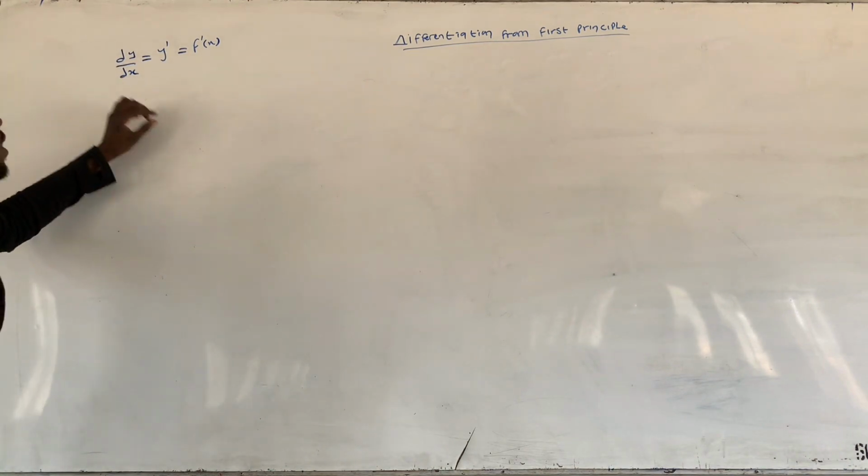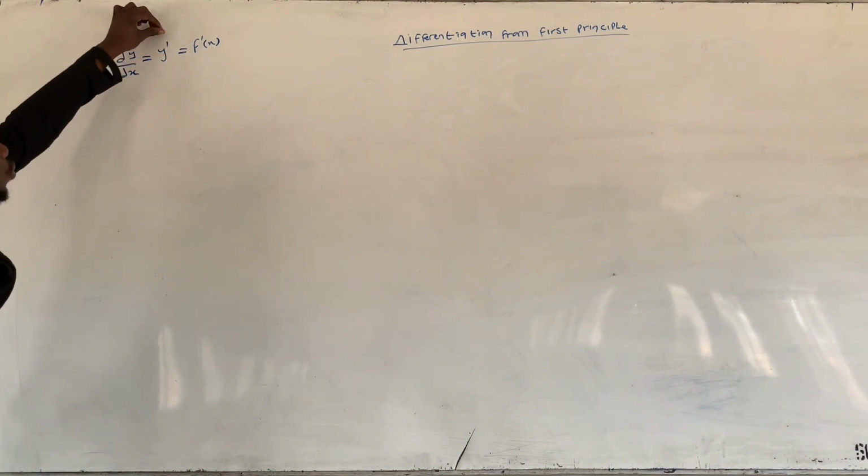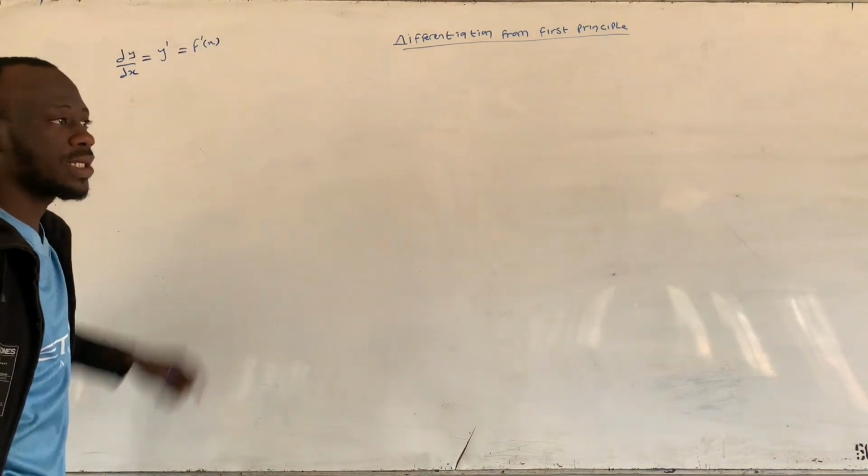They are all equal. Either we use dy over dx, or y prime, or f prime of x.